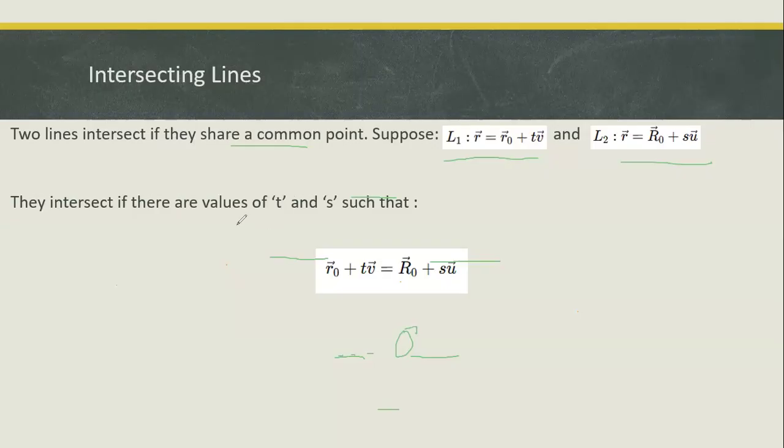They intersect if there are values of t and s such that vector r naught plus t times vector v is equal to vector r naught plus s times vector u.